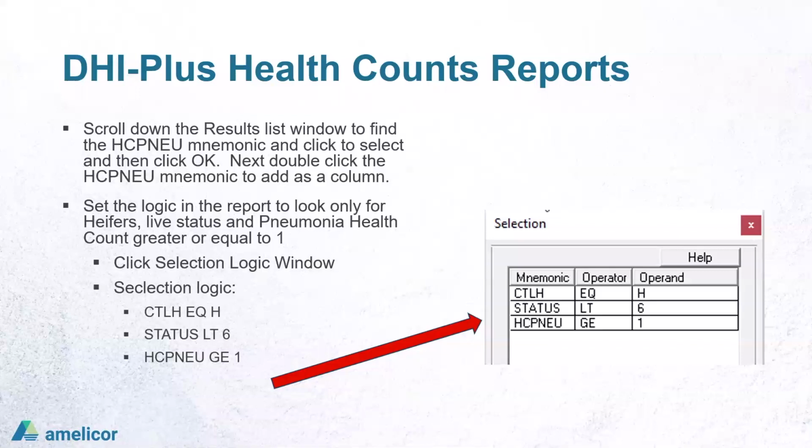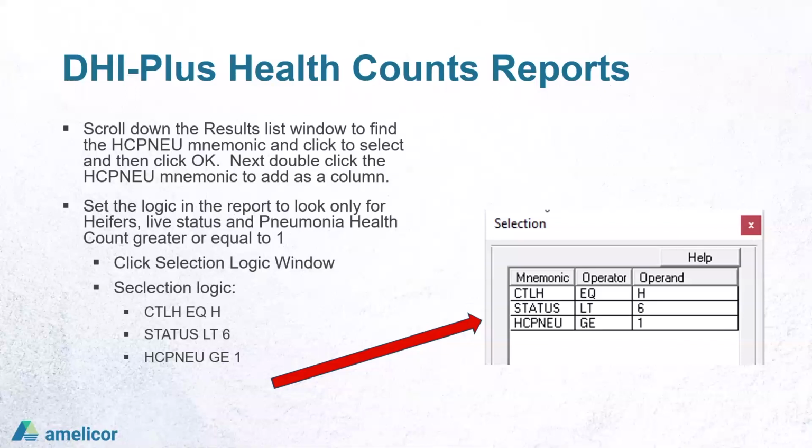You can double click that to add it over or click and drag it, and then you will set your selection logic for the report to look for these animals. In this case, we're going to tell the report to only look for heifers, so the first line will say CTLH equal to H. The next line down, status less than 6, indicates that we'll only find live animals.